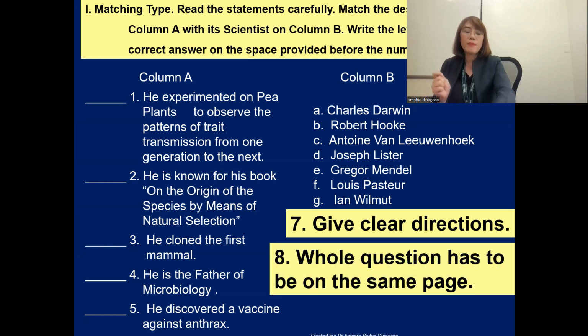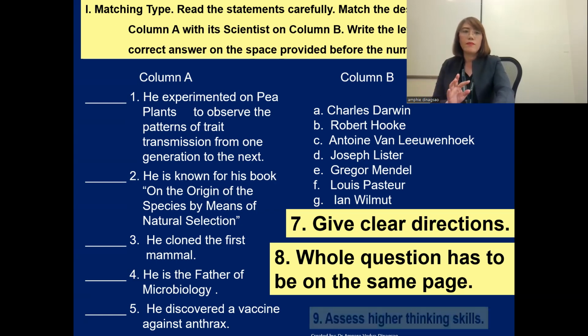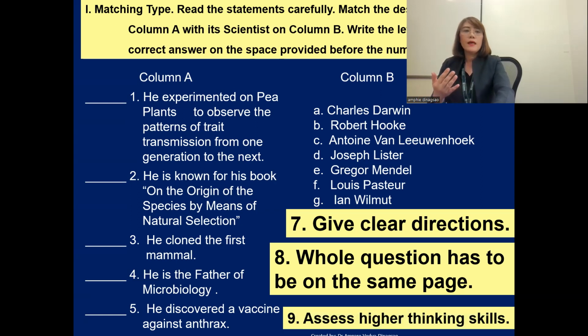And if you're using a paper for the students to respond and you're using matching type, ensure that the whole question, all these 5 items, as well as the responses, should be on the same page. And then we can also use matching type to assess higher thinking skills.